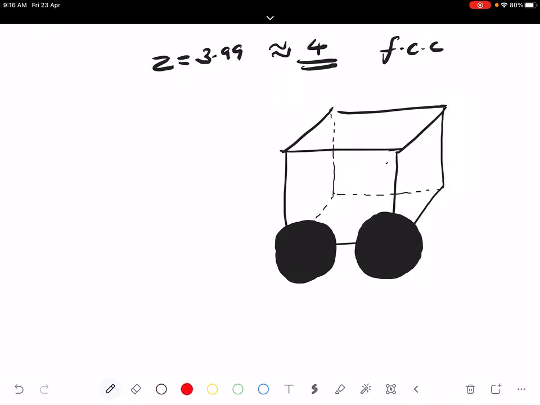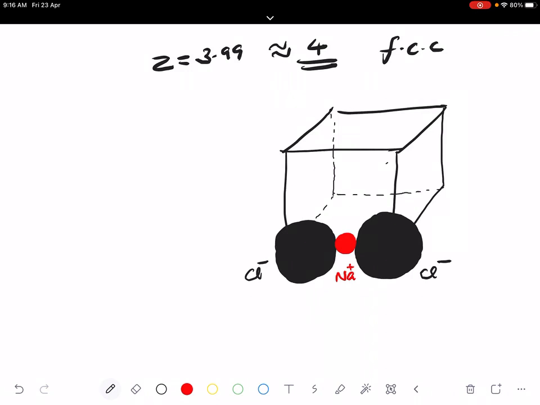Here is sodium. At the corner Cl minus, Cl minus here, Cl minus here, Cl minus here. In between is Na plus.